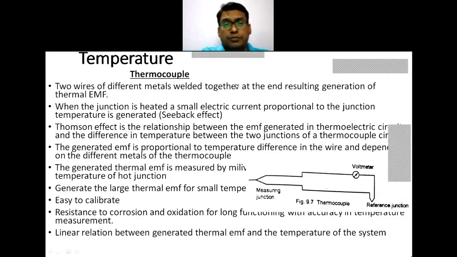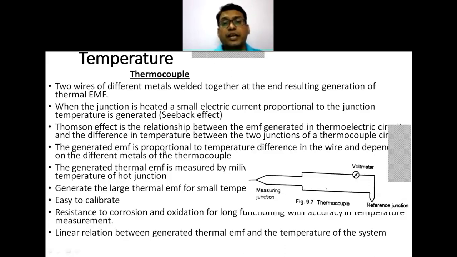So there is a Thomson effect which is giving you the relationship between the generated thermoelectric EMF and the thermoelectric current. So this difference in the temperature between the two junctions of a thermocouple, that is, one is your reference junction and one is your measurement junction. So these two differences in the junction of two points, that is related to the temperature difference.